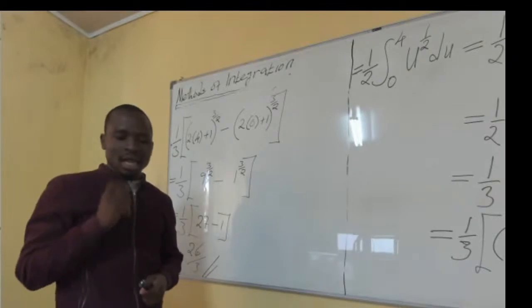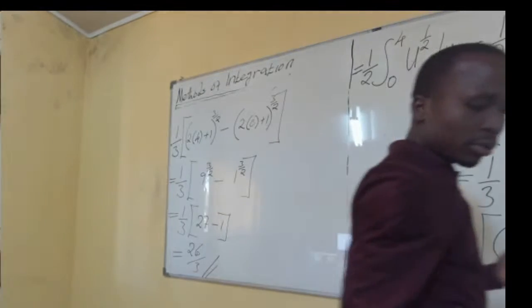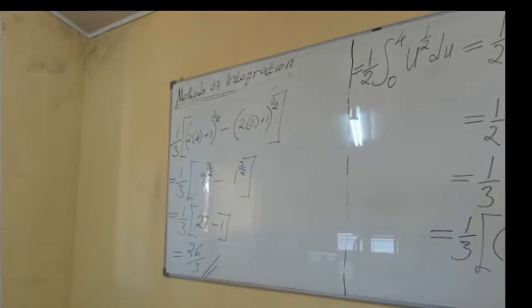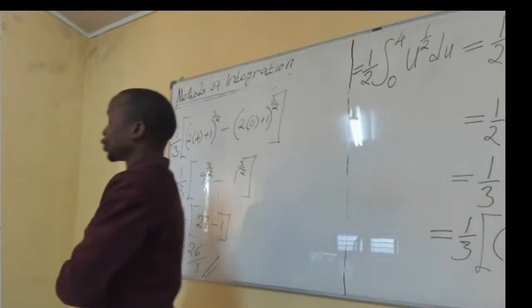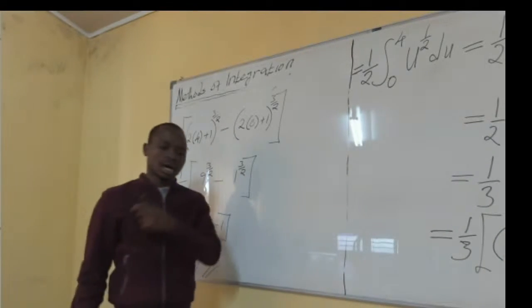So having mentioned the algebraic substitution, let's go to the other substitution method. Remember, I mentioned there is a method where you substitute an algebraic expression. There's also another method where you substitute a trigonometric expression.